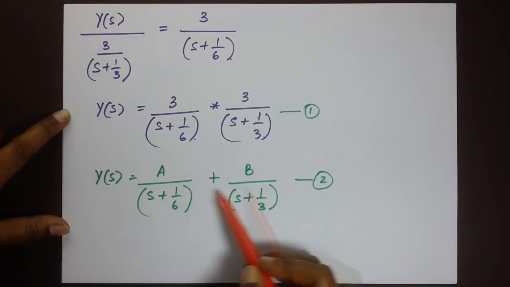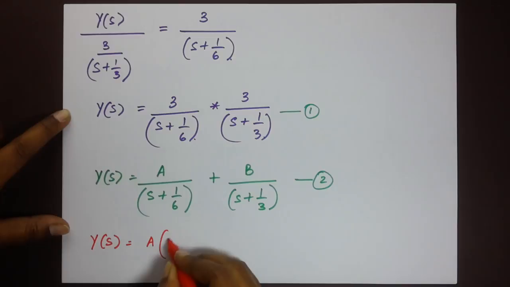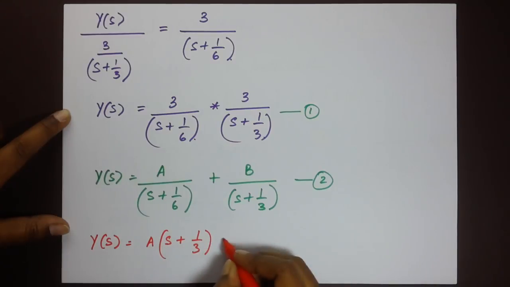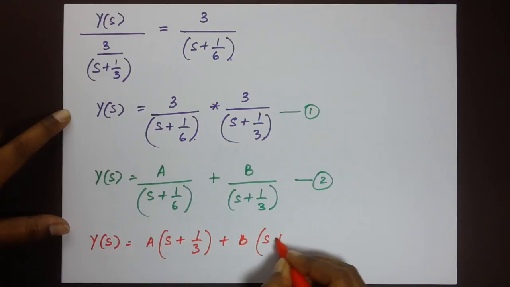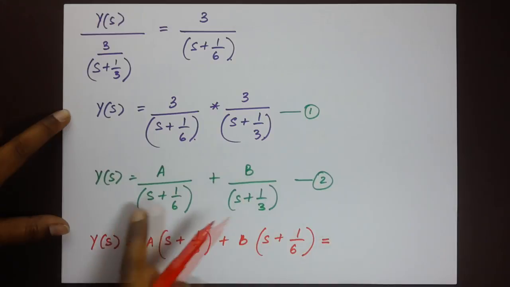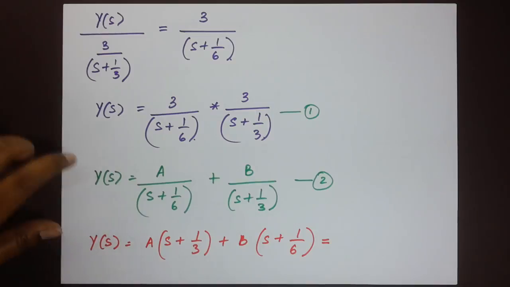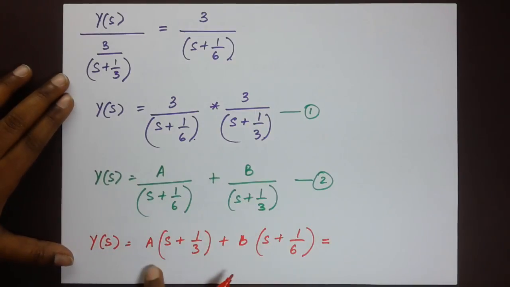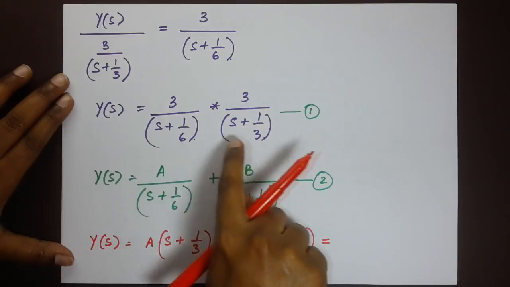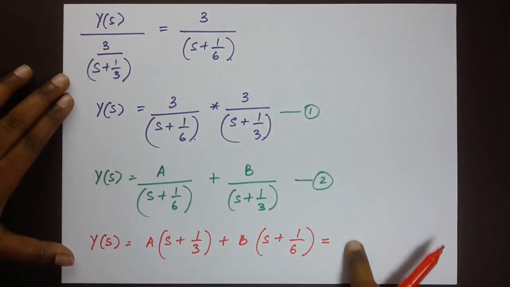If we solve these two, we can write Y of s is equal to A into s plus 1 by 3, plus B into s plus 1 by 6, is equal to... now Y of s, we are going to equate both equation 1 and 2. Once we cross multiply, we have our numerator and the denominator would obviously cancel out if we are equating 1 and 2. So we are left with 3 times 3, which is 9.